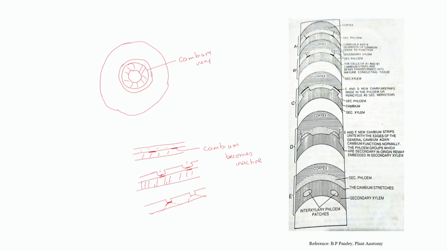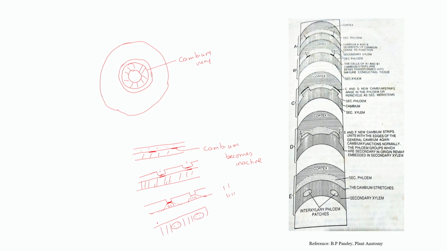Now, this is actually phloem. So, they will start behaving normally and they will cut xylem and they will cut phloem. So, in this way this phloem patch will come inside xylem.